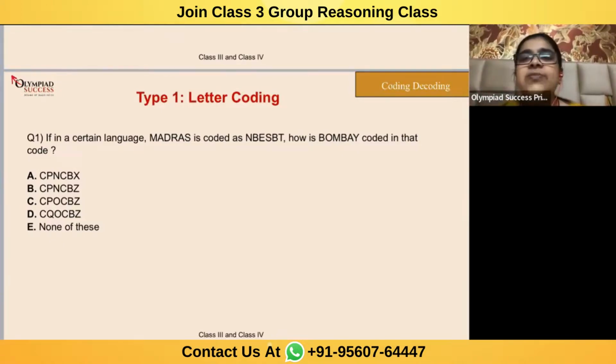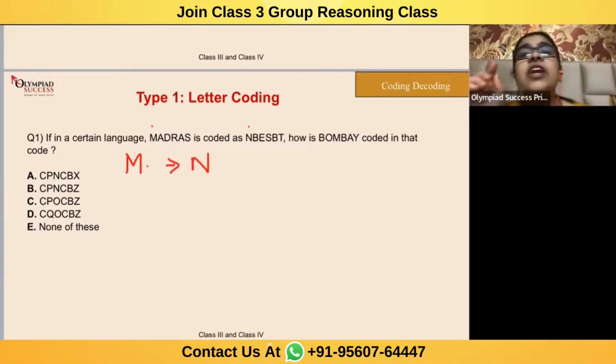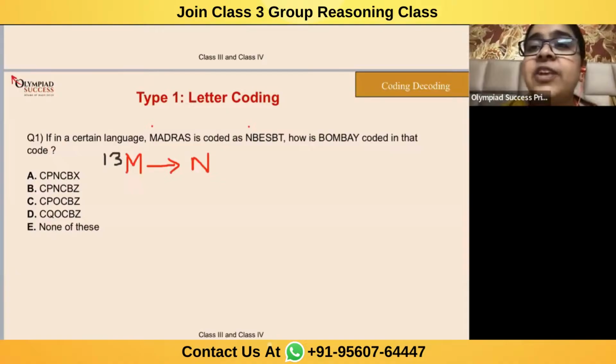Ma'am is explaining. So, what's the first letter on the left side? M. What's the first letter on the right side? N. So, we rotated M to get the place value of M as 13. And what's the place value of N? N comes just after M, which is 14.